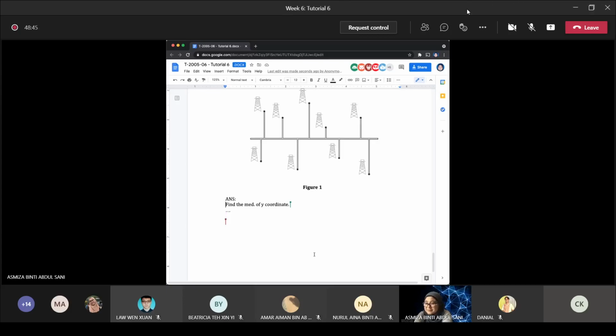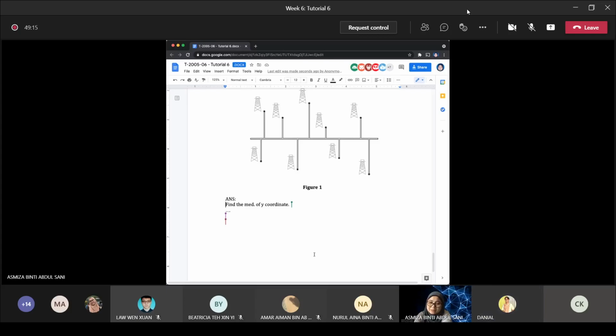Yeah, between those two, which one is it? Wait, doctor, you said between those two. Yeah, because right now, when you talk about the median of y coordinate, it can be two.